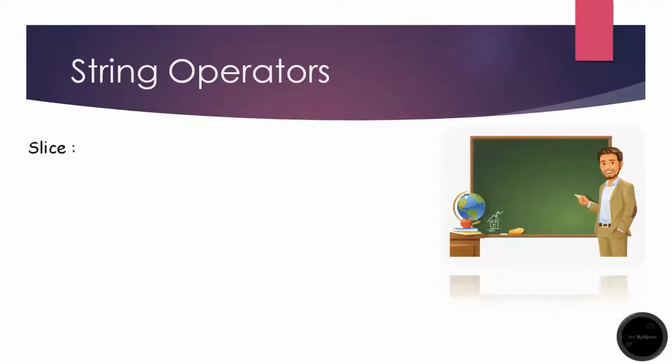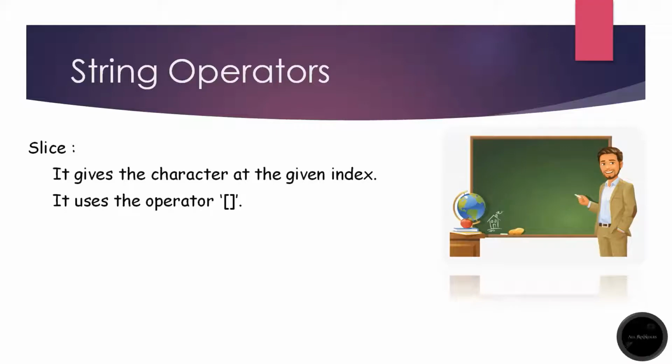Then we have the slice function. So what does a slice function do? It gives the character at the given index, and it uses the operator square brackets. In the square brackets you give the index number, and in the output the interpreter will give you the word which is on that index. Then we have the range slice.